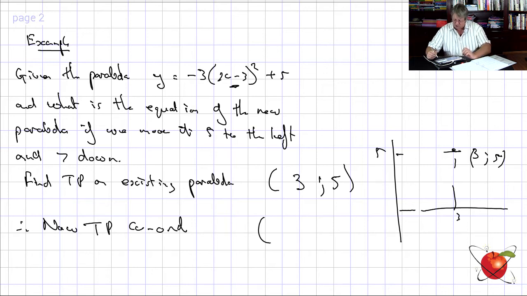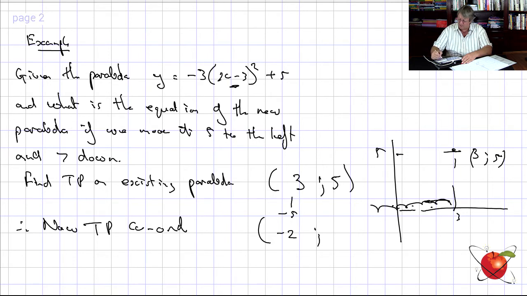So we said we are going 5 to the left, right? So we're going this way, 5. So the new one is 3 minus 5, which is minus 2. Just count: 1, 2, 3, 4, 5. This point has now moved to minus 2.